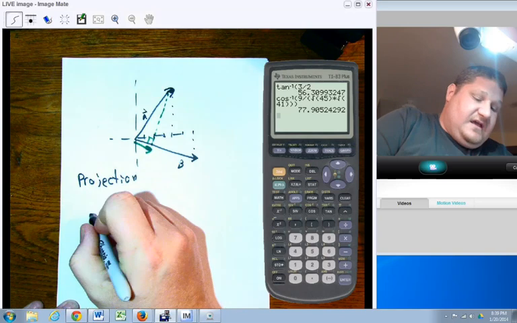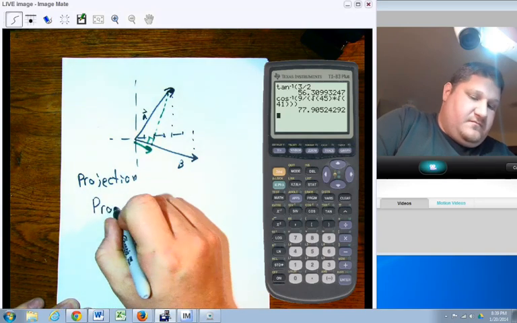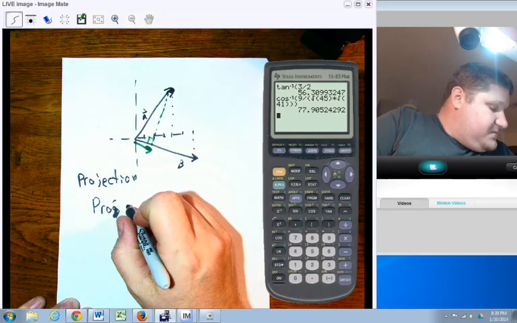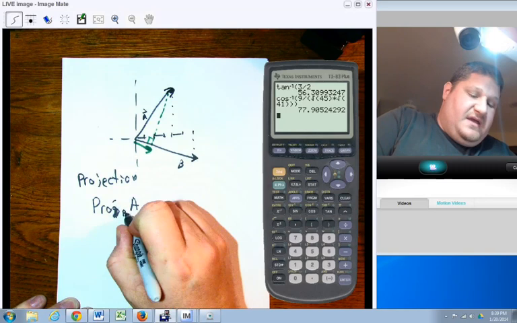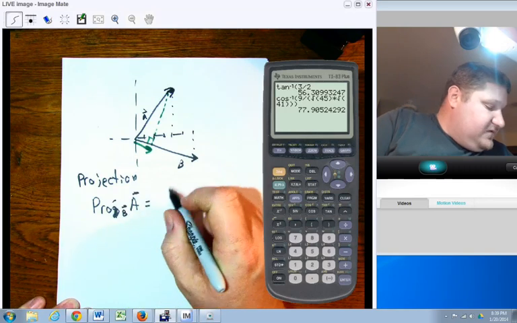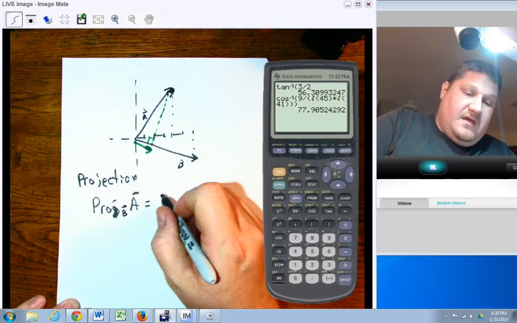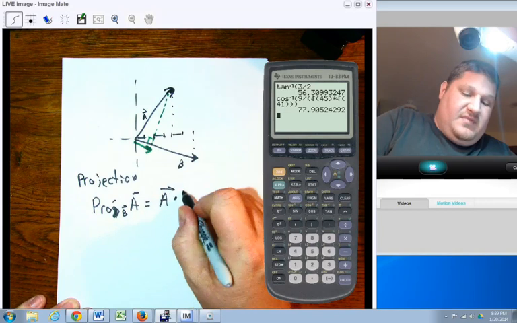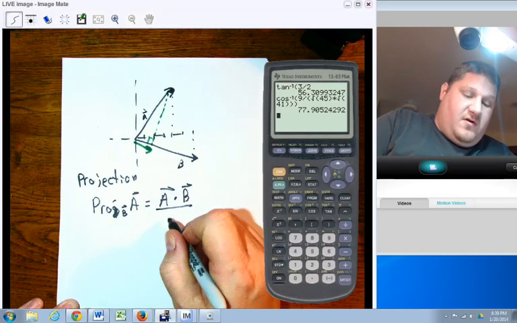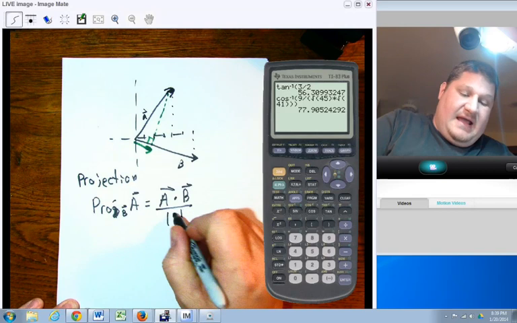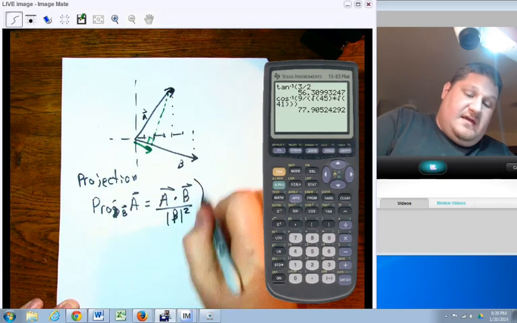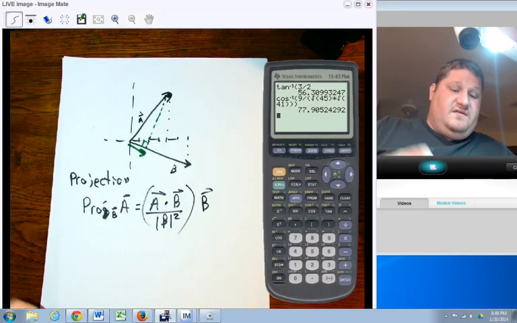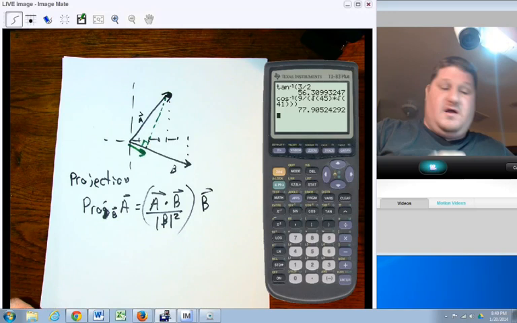And in this case, it's the projection, J, not G, of A onto B. And to do that, we're going to take A dot B all over B's magnitude squared times vector B. So, let's do A dot B. Well, A dot B was 9.